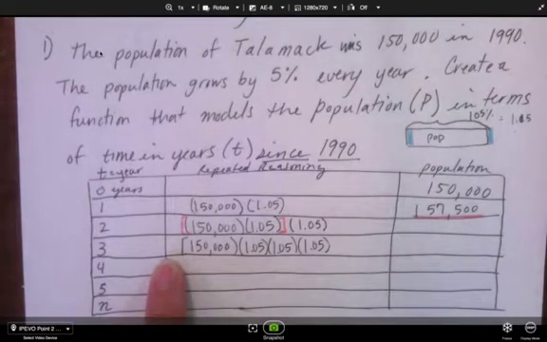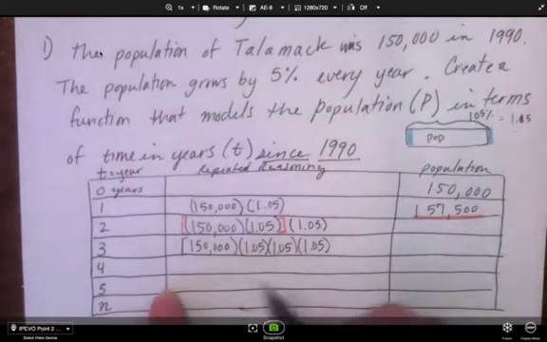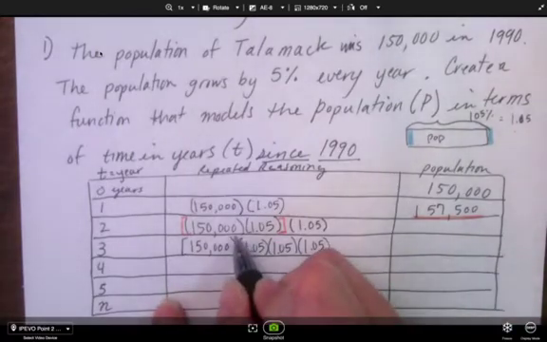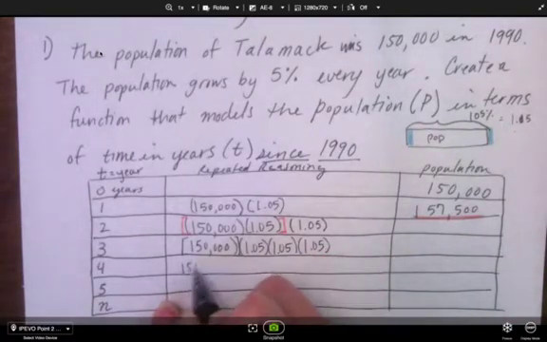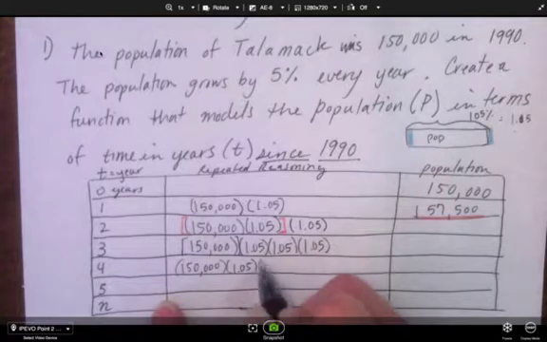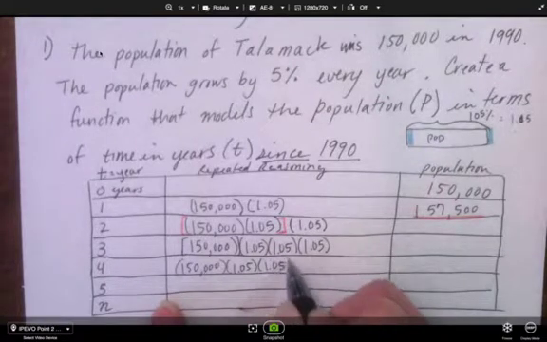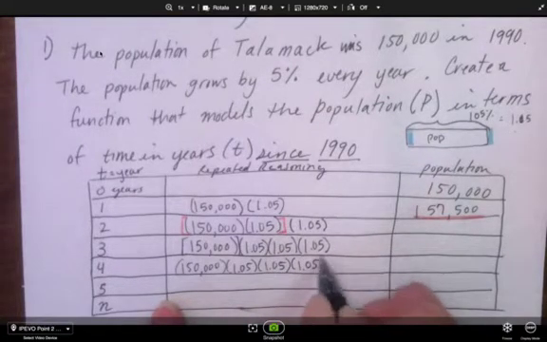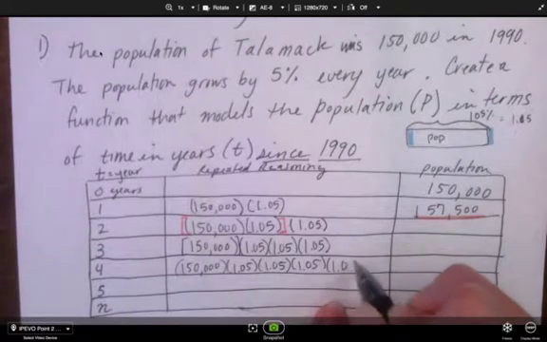And so we're trying to start looking for patterns here. Okay, so we have 150,000. And here's last year, 1.05, 1.05, 1.05. There was last year, and here's this year, okay?